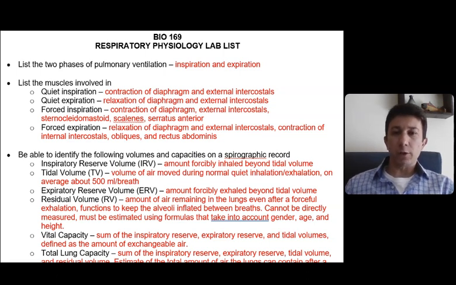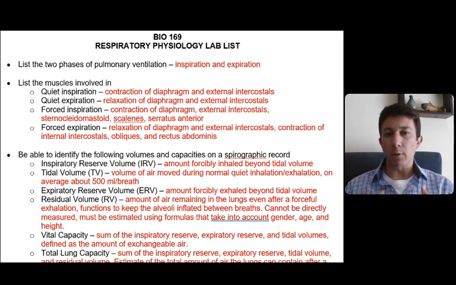Now, forced inspiration not only involves the contraction of the diaphragm and the external intercostal muscles, but it also recruits several other muscle groups, including a muscle that attaches from the neck to the top of the rib cage called the sternocleidomastoid muscle. It also involves the scalene muscles as well as the serratus anterior, which are all muscles that, when they contract, help to elevate and lift the thoracic cage, creating that expansion in volume that I mentioned moments ago.